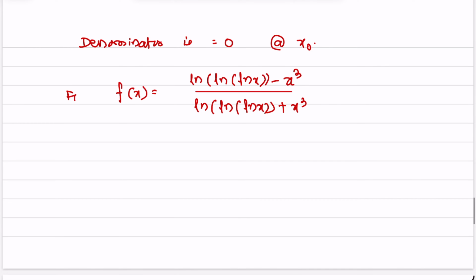For function f(x) to be defined, x should be, first condition, greater than e, and second condition is that x should not be equal to x naught. That is the root of this particular equation.